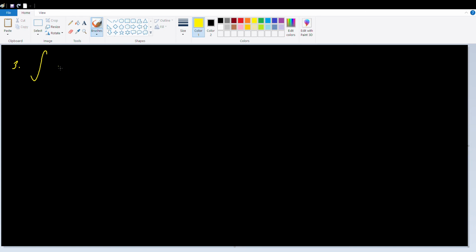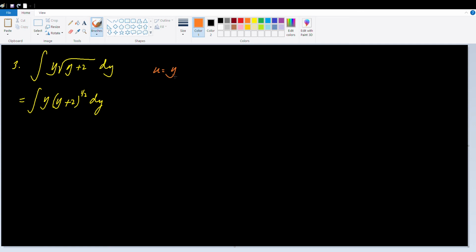Let us evaluate the integral of y, square root of y plus 2 dy. Before we select our u and our dv, let me rewrite this as y times y plus 2 raised to 1/2 dy. Alright? Then, we select our u.